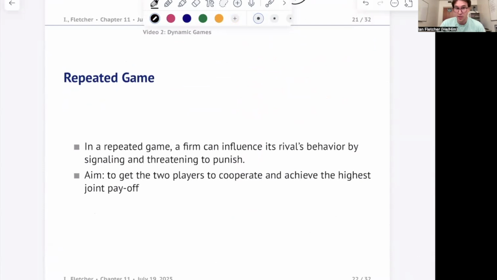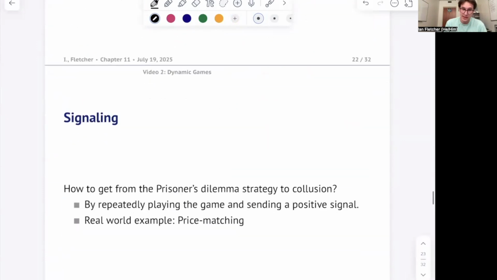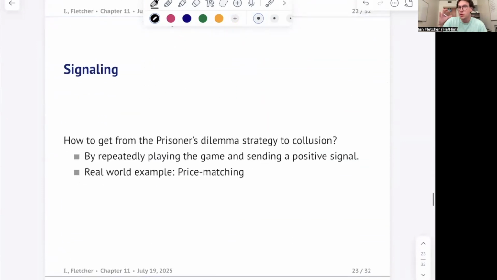And through signaling, our goal is to get players to cooperate and achieve the highest joint payoff. Signaling is a good example of how we get the prisoner's dilemma players to collude. Suppose these two prisoners have a large history of doing bank robberies together. They can play the game previously and send a positive signal.